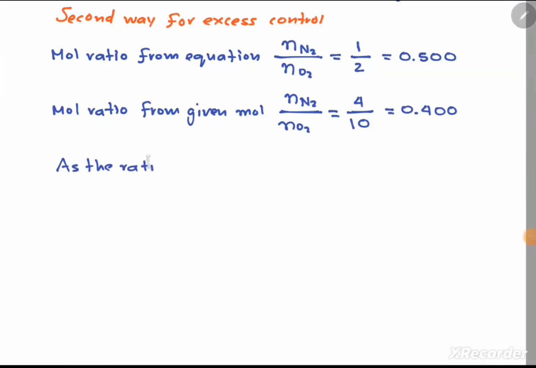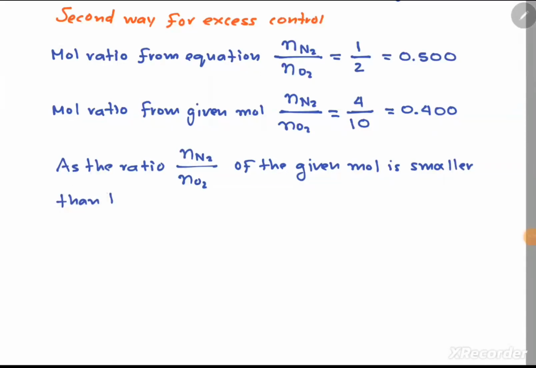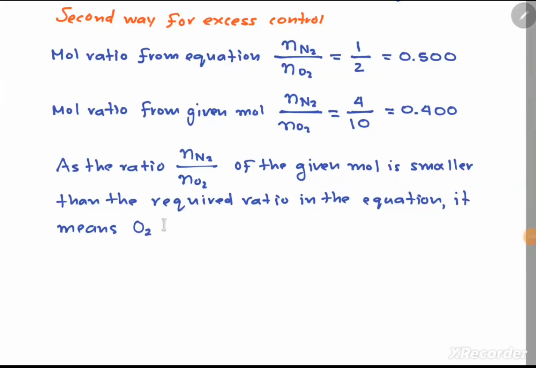As the ratio of the given mole is smaller than the required ratio in the equation, it means oxygen is in excess and nitrogen is the limiting reactant.